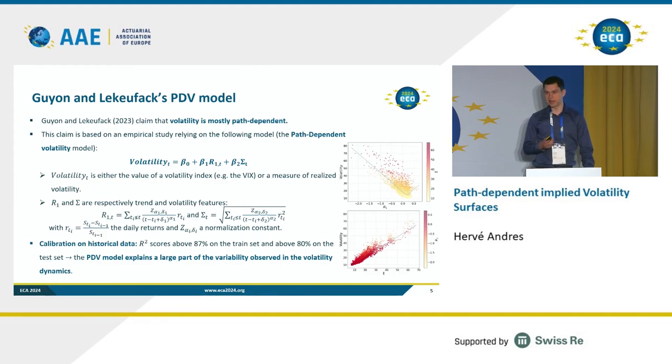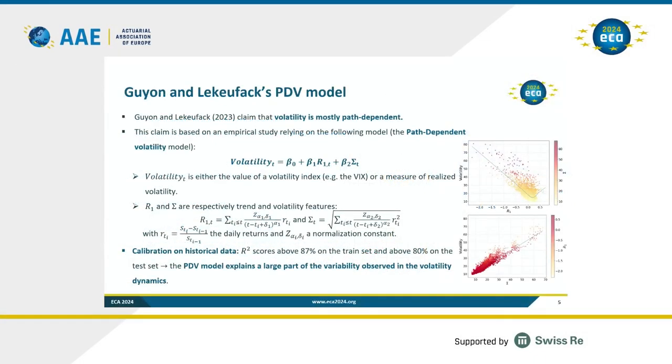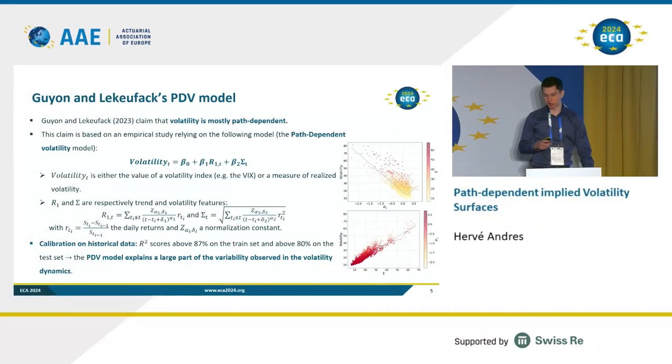To make this idea a bit more precise, I need to talk about a key work that inspired this work, which is the one of Guyon and Lekeufack last year. They published a paper called Volatility is Mostly Path Dependent. So what does it mean? They introduced this very simple model where volatility is basically a linear regression on two features, R1 and sigma.